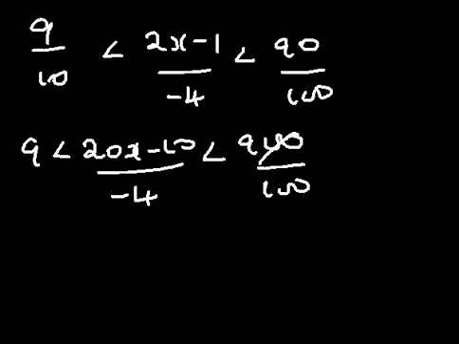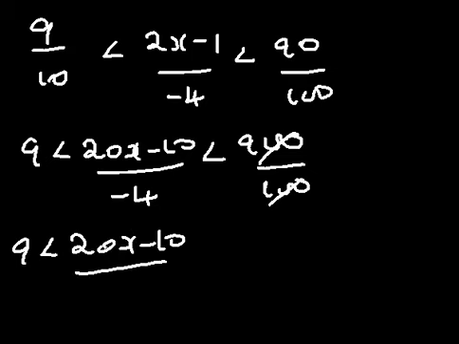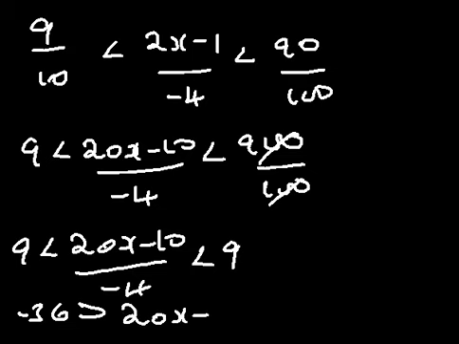So that is the same as having these two zeros out. So now we have 9 less than 20x minus 10 divided by negative 4 less than 9. So we also have to do the same with the negative 4. So we have negative 36, and the symbol has to change. You have 20x minus 10 greater than negative 36.